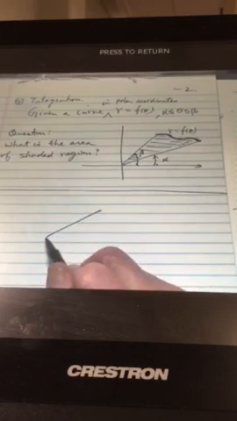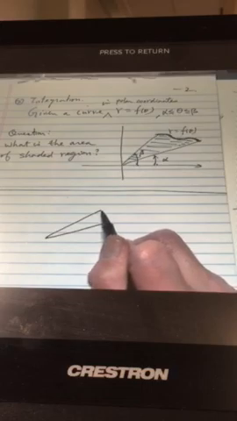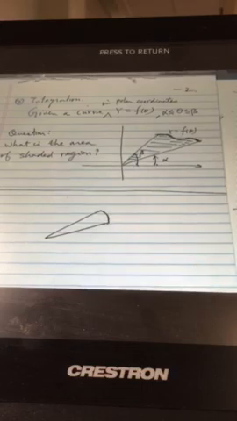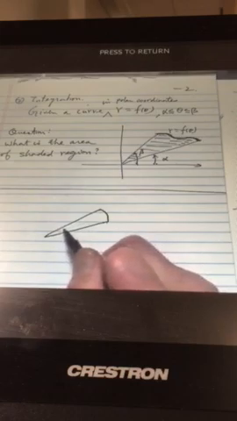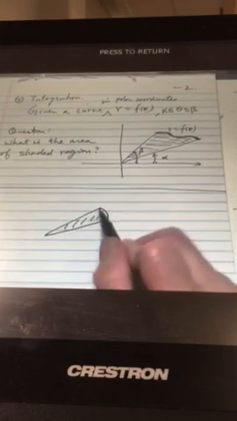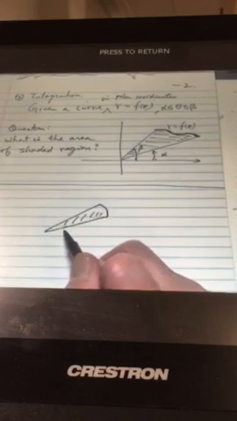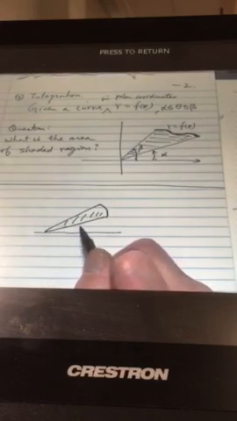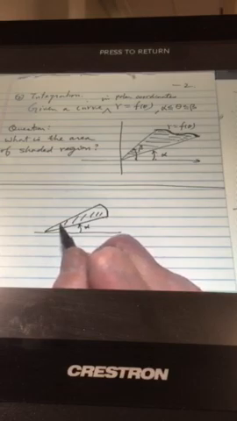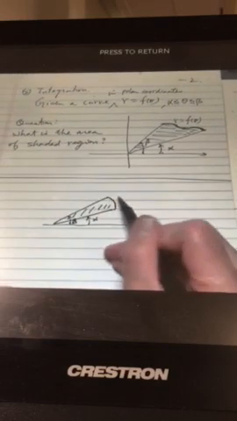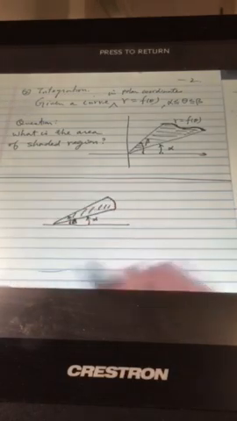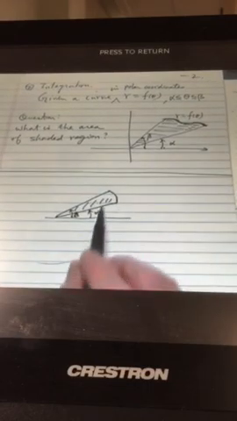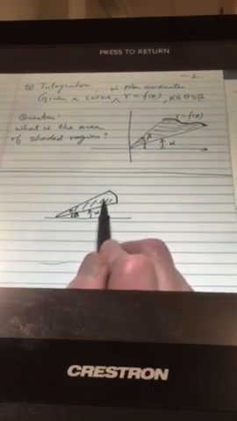Suppose I have a sector. If I have a sector like this, and suppose this is a curve, and this is alpha, and this is beta, and this is a sector, namely it's part of a circle. The question is, what is this?